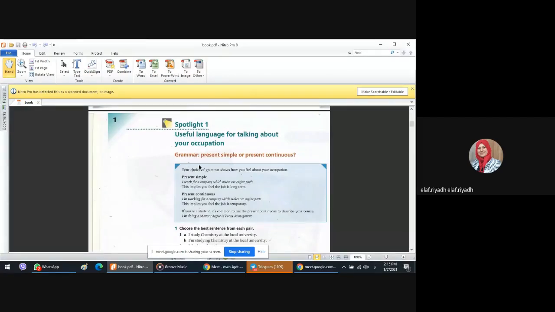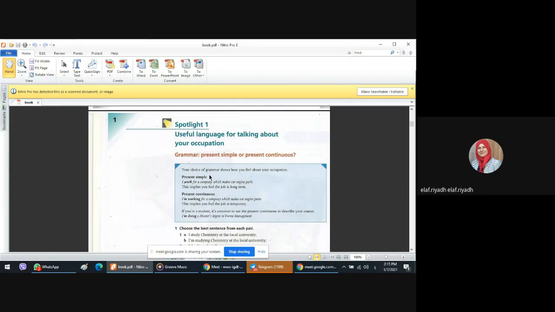Here in this section we are dealing with the grammar of the present simple and continuous. If you choose the grammar showing how you feel about your occupation, in order to speak about yourself, you should use simple present tense.